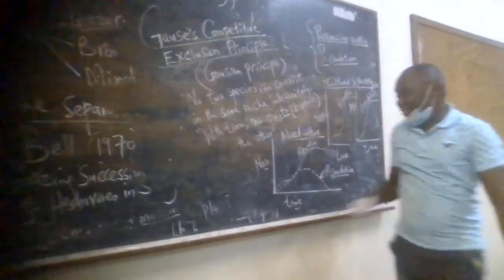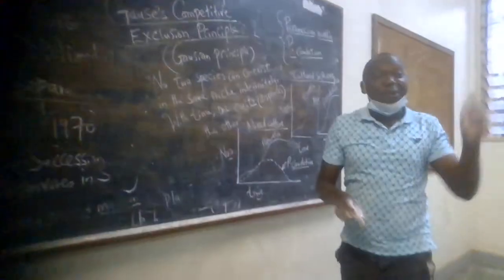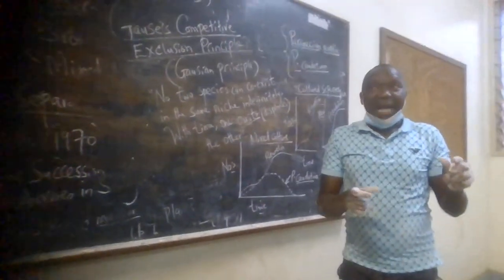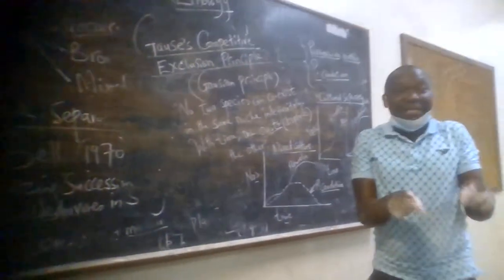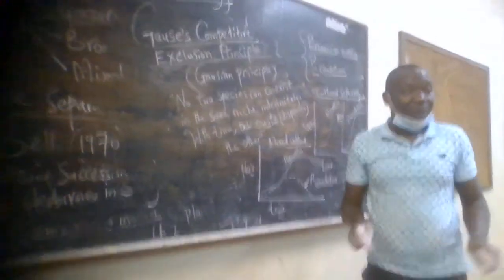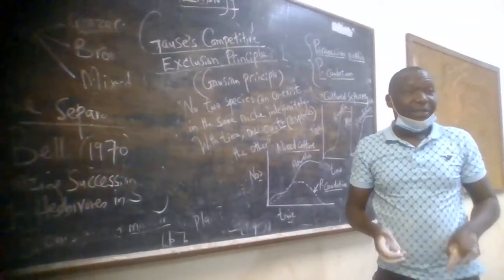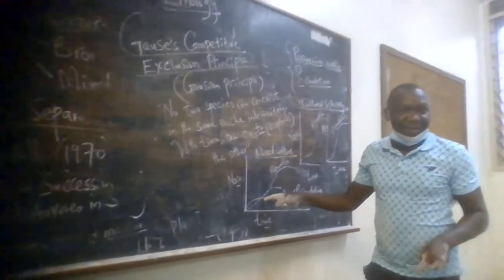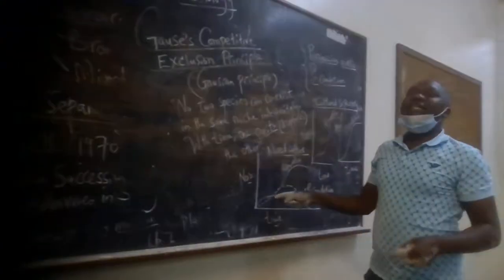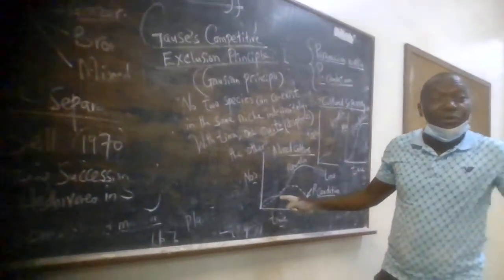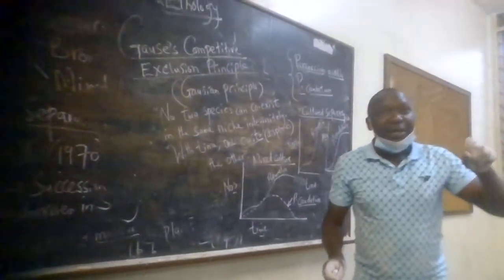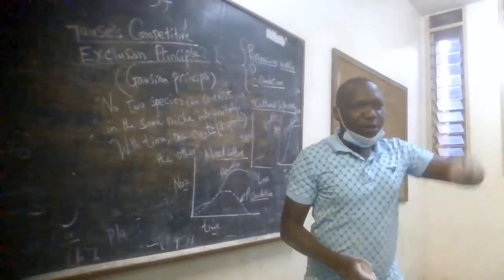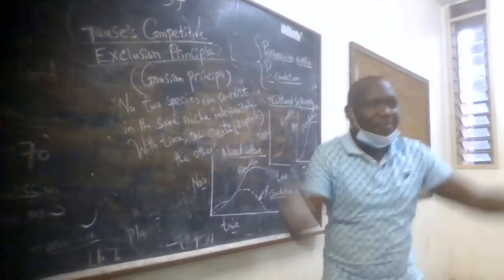You understand? So that means that in a specific competition, apart from affecting one individual whose numbers reduced to zero, whose numbers reduced to extinction, even the more competitive organism, the species with the competitive advantage, is also affected, in that it cannot attain its original biotic potential, its original reproductive potential when mixed.